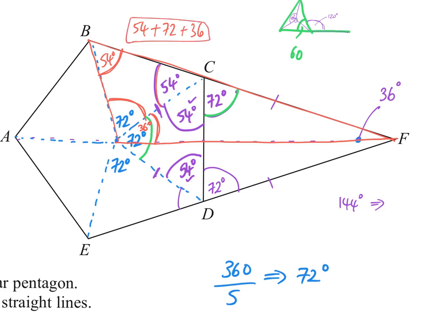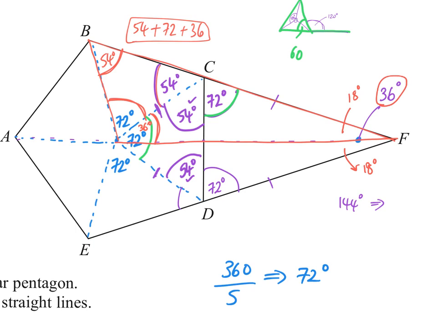Well, let's add them up. So I get 54 and 72 and 36. That would give me 162, which would mean that this angle here is 18, and then by symmetry this angle would be 18 as well, which would also give us the desired outcome of 36 degrees.